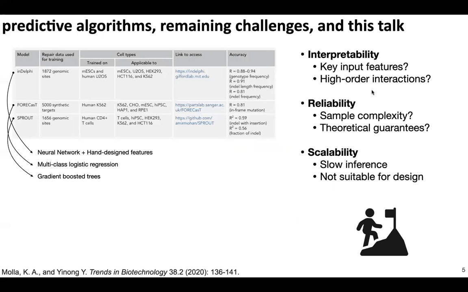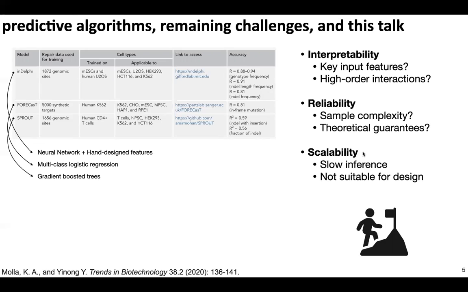Secondly, it's not clear how many training samples are really efficient to reliably train these algorithms. Researchers typically resort to data from the experiments that they have obtained in order to train these algorithms. Thirdly, there are some scaling problems in the inference time due to an exponential growth in the problem size.